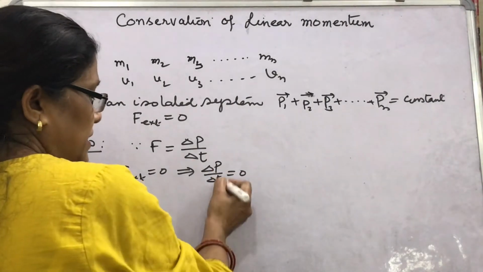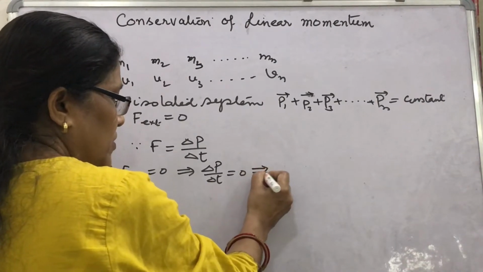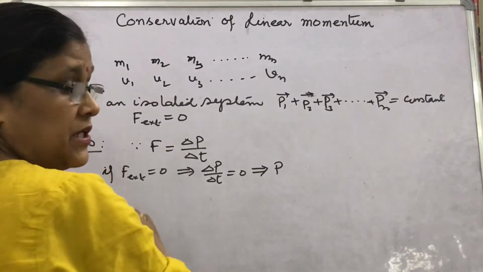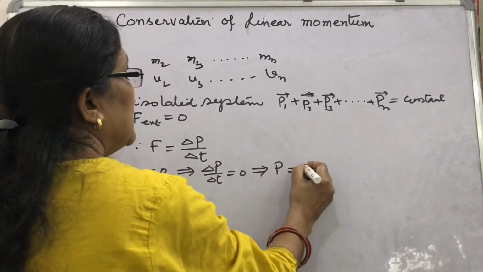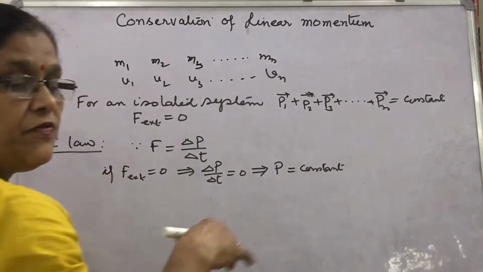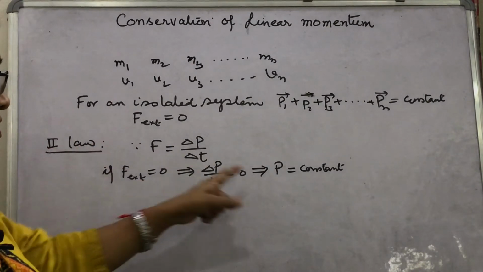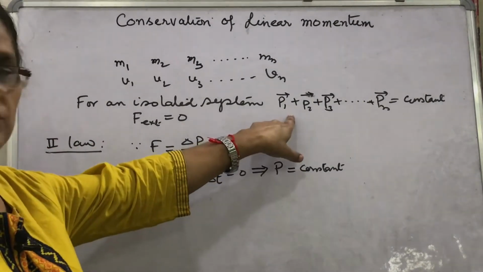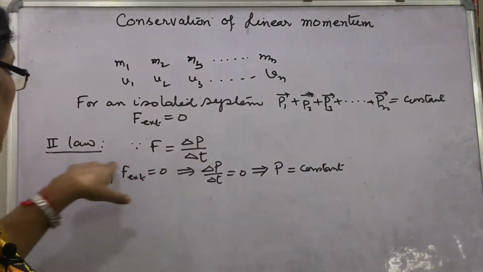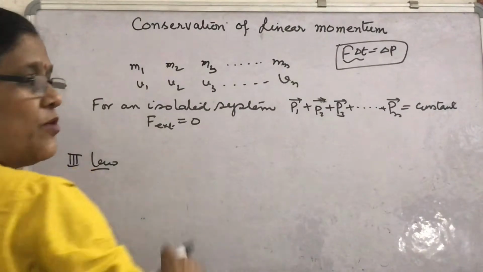If delta P upon delta T is 0, what will you conclude? Whose differentiation is 0? A constant. That means P is a constant. So in this way you write that using the second law you got the conclusion which was the law: the net momentum of the system is constant.